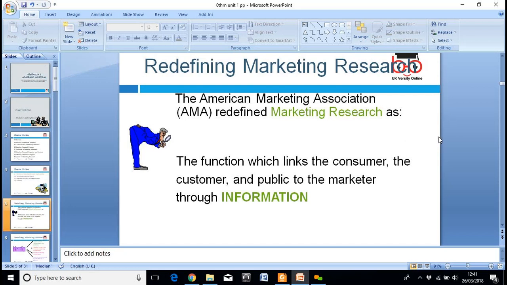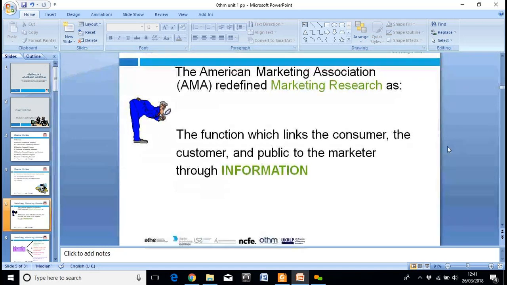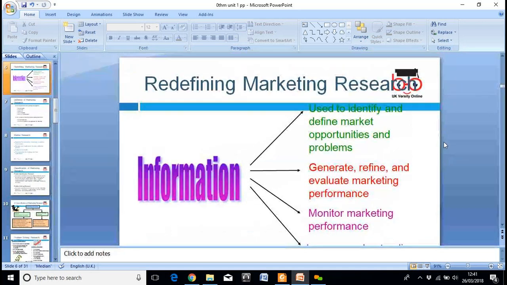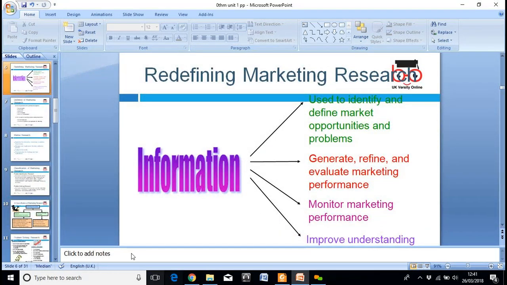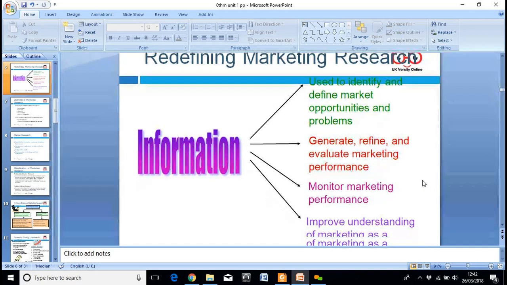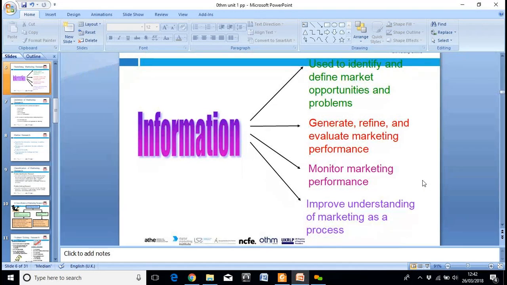It all boils down to it's used to identify and define marketing opportunities and problems, to refine and evaluate marketing performance, to monitor marketing performance, and improve understanding of marketing as a process.